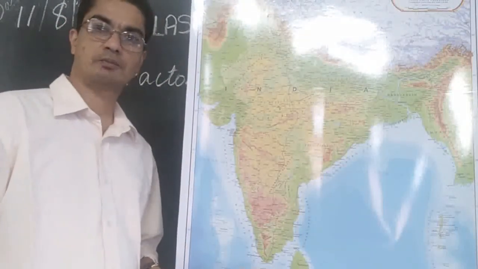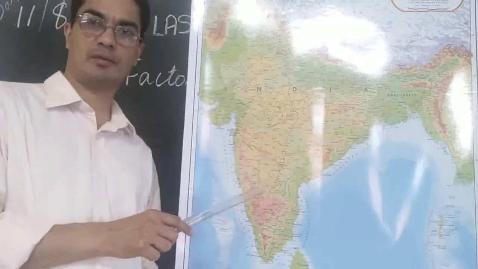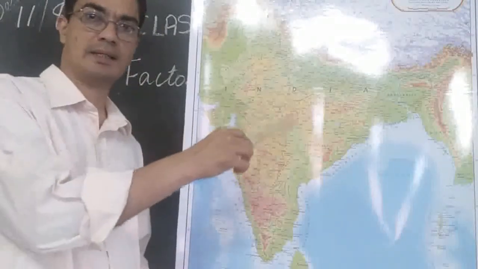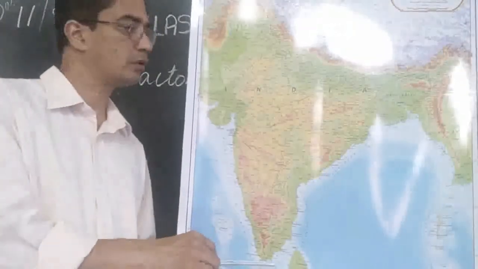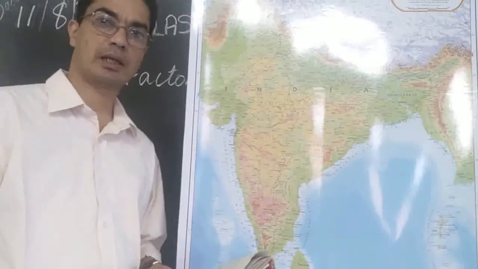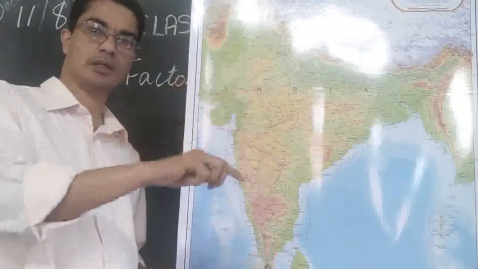They will have subtropical climate. So we have two types of climates: tropical climate between the Tropic of Cancer and equator, and above it we have subtropical climate. So that is how the latitude is affecting the climates.